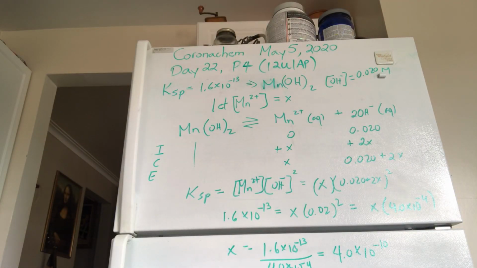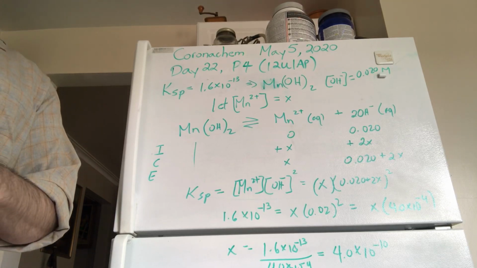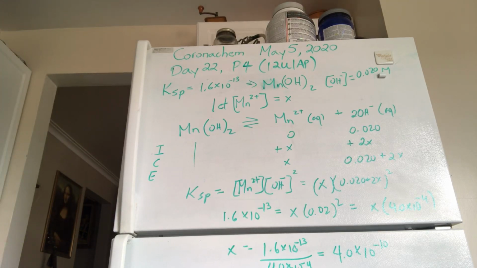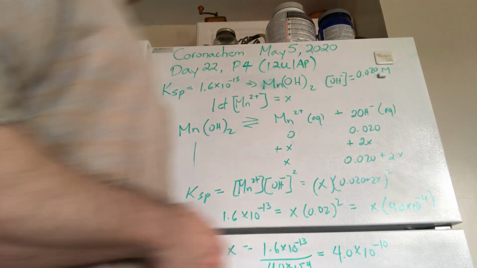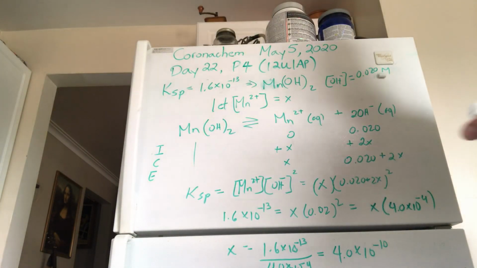But I want to show you what it looks like if you don't do the approximation, because it makes use of a potentially useful function on your calculator. You'll see that it doesn't actually produce any real difference in the final answer, but it's good to have this technique available on your calculator because one day it might come in handy.